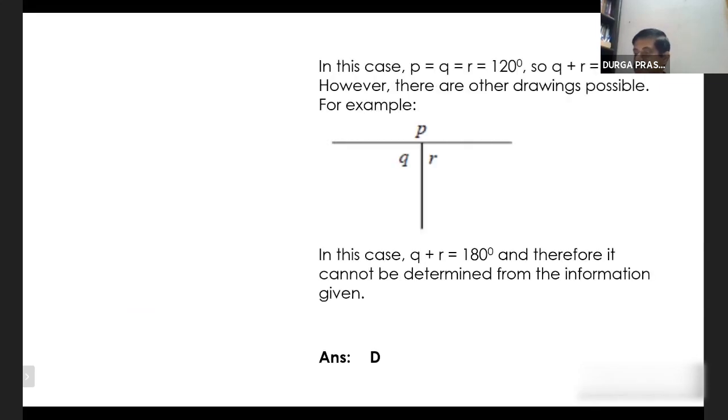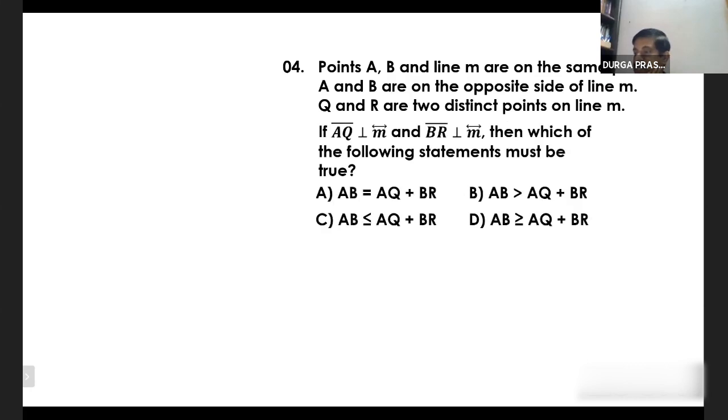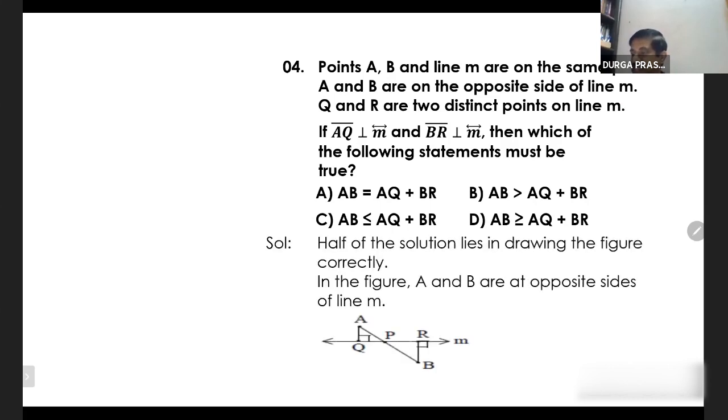So these are the different possibilities. So option is D. So points A, B, and line M. Points A, B and line M are on the same plane. So A and B are on the opposite sides of line M. So Q and R are two distinct points on the line M. So let us take the diagrams and let us see.